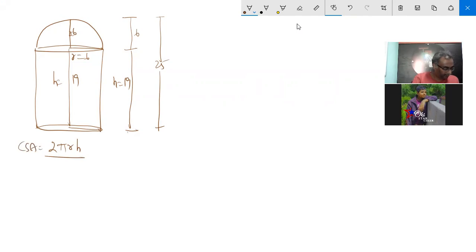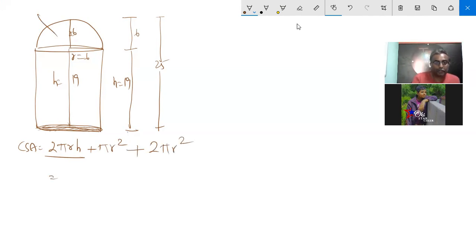And then this area you have to find out. Okay, that area. So that will be pi r squared, plus the hemisphere. Hemisphere is equal to how much? 2 pi r squared. Okay.